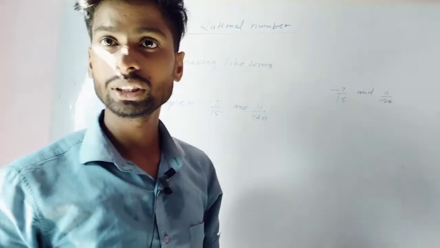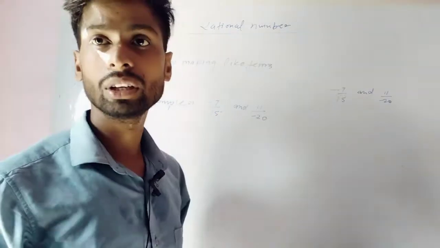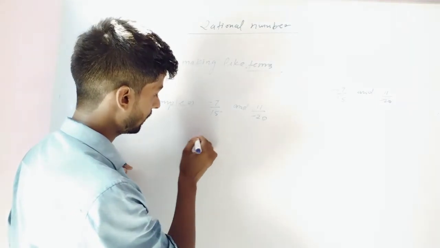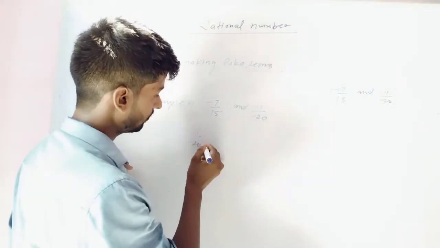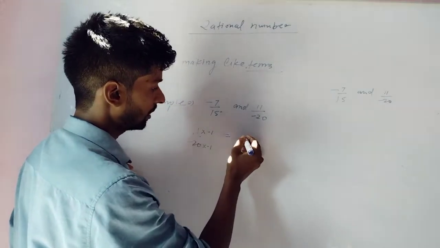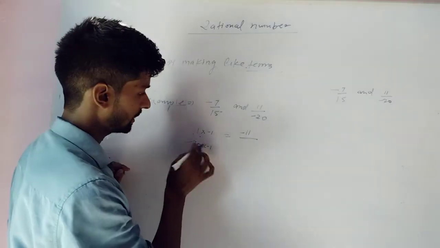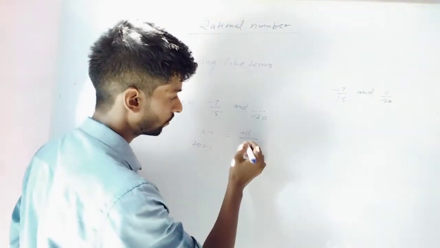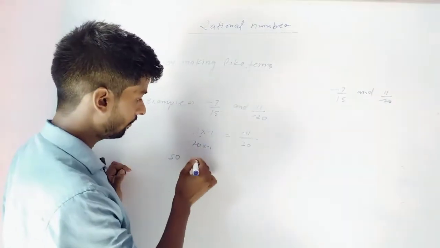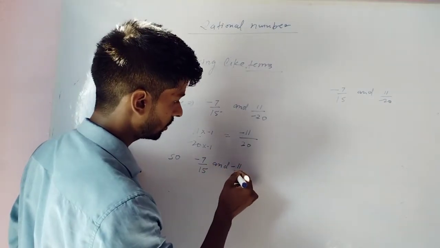First of all, we have to see that the denominators of the given rational numbers should be in standard form. So we write 11/-20, multiply by -1 to change it into standard form, a positive denominator: -11/20. So now it is in standard form: -7/15 and -11/20.